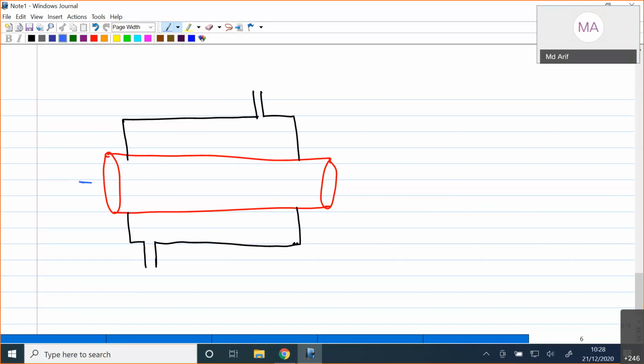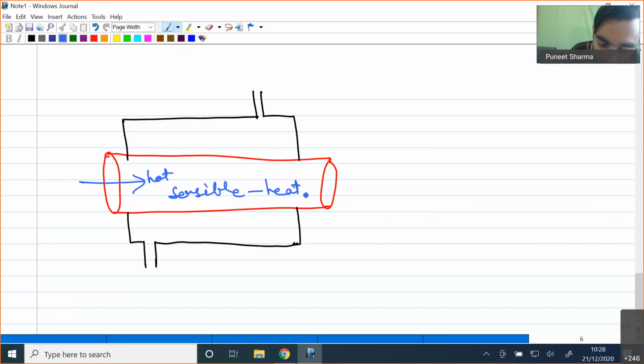Now let me consider that this is my hot medium, and inside the hot medium it is in the single phase region. Here we have only sensible cooling. So for the hot medium we will have nothing but sensible cooling. And outside, if I consider a medium entering at saturated liquid state, then depending upon the amount of heat transfer, we will have some vapor at the outlet.